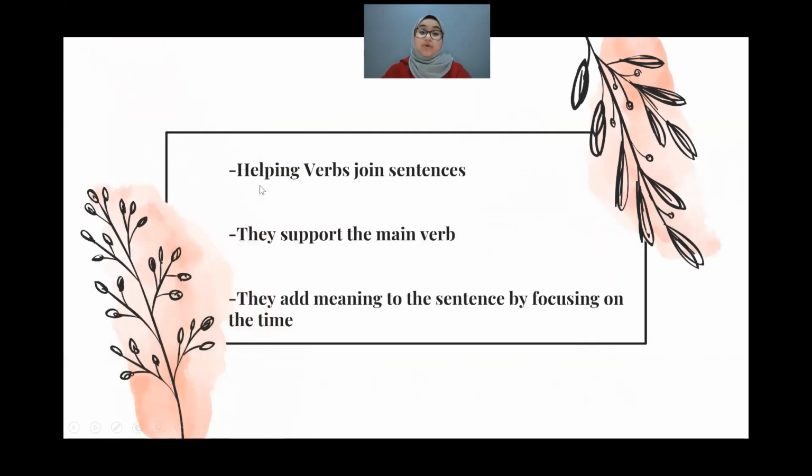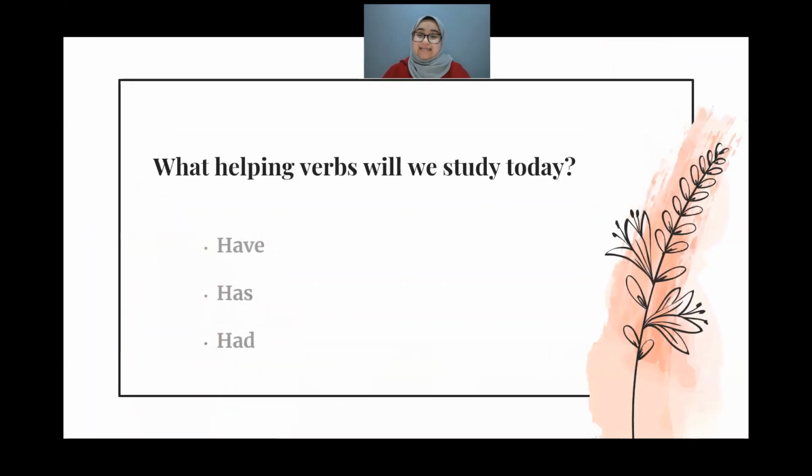Helping verbs join sentences. They support the main verb and they add meaning to the sentence by focusing on the time. As we go to the second and third point in our video today, all of this will be clarified and it will be understood better as you see an example sentence. But first, let's see.